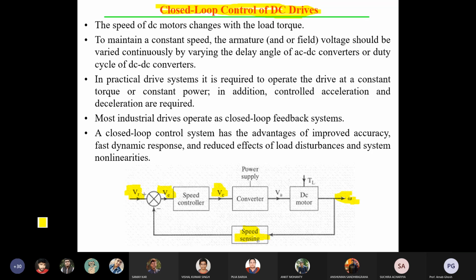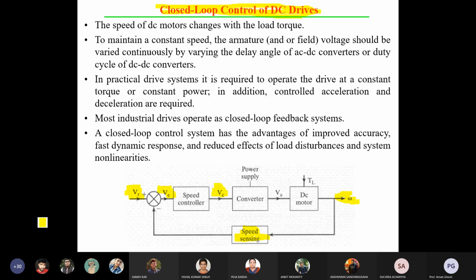Why? If the on time is not more, the converter will turn on for less duration, so the motor speed will decrease again.